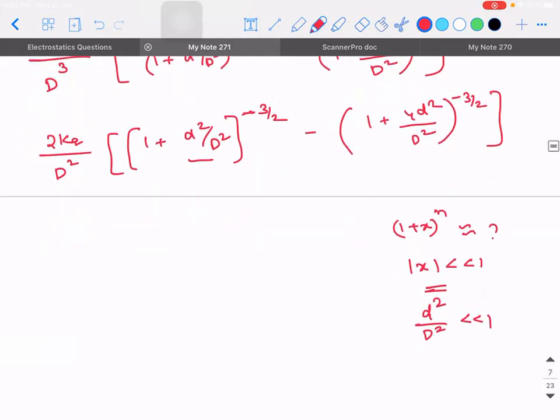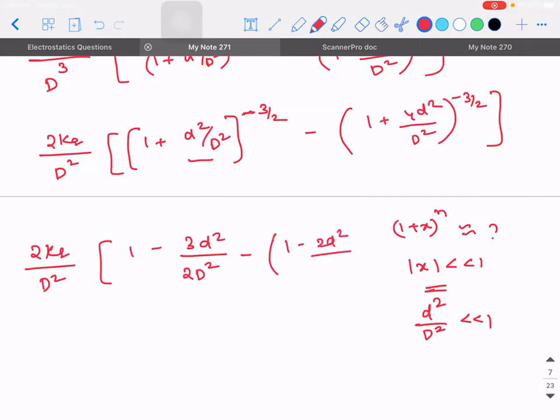Right. So when you apply the logic, 2kq divided by D square into 1 minus 3D square by 2 capital D square, minus 1 minus 6D square divided by capital D square. Can I write it like this? Or I will write it as 12D square by 2 capital D square.